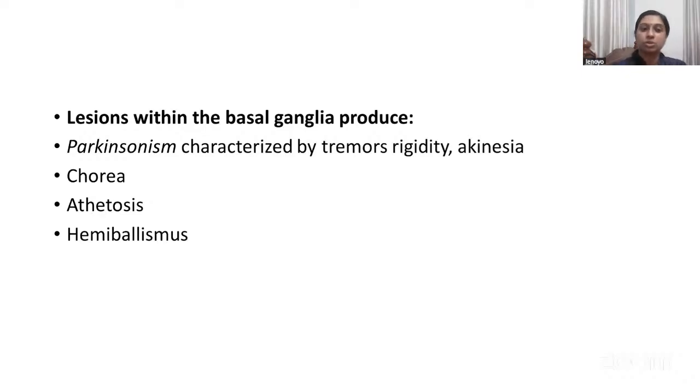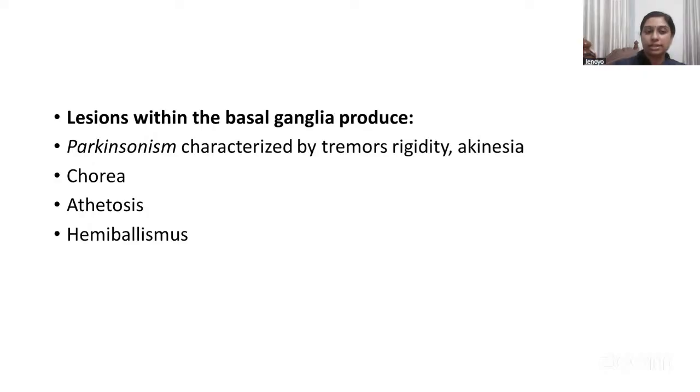So let's discuss the lesions produced due to basal ganglia dysfunction. When lesions occur in the basal ganglia, we usually notice features of Parkinsonism characterized by tremors, rigidity, akinesia, etc. And chorea will be seen. Chorea means dance, dance-like movements. Irregular and involuntary movements occurring in the body are called chorea. Sydenham's chorea is a feature of rheumatic fever.